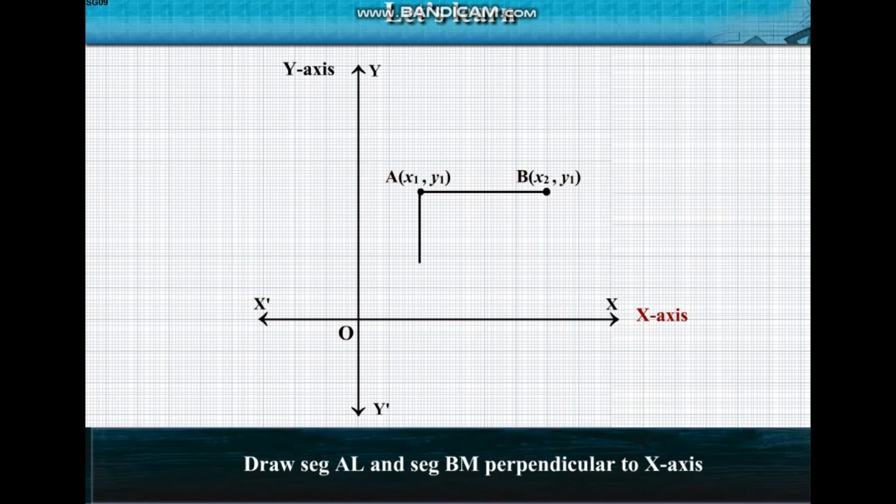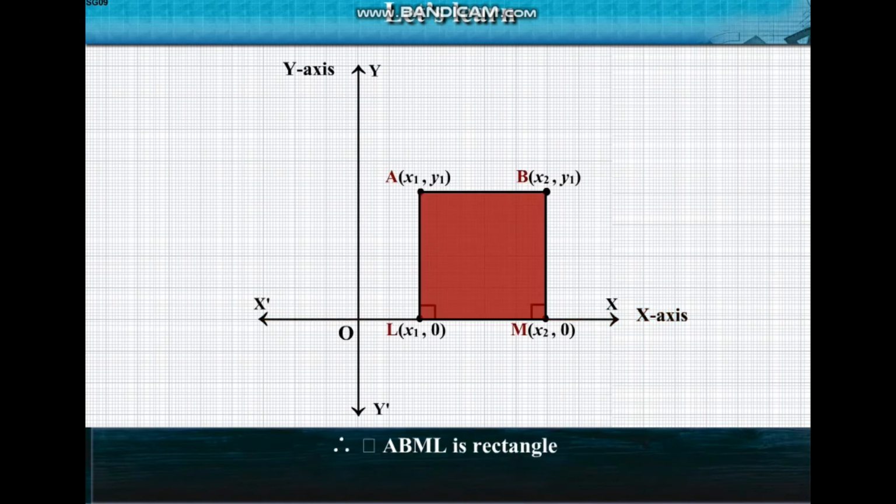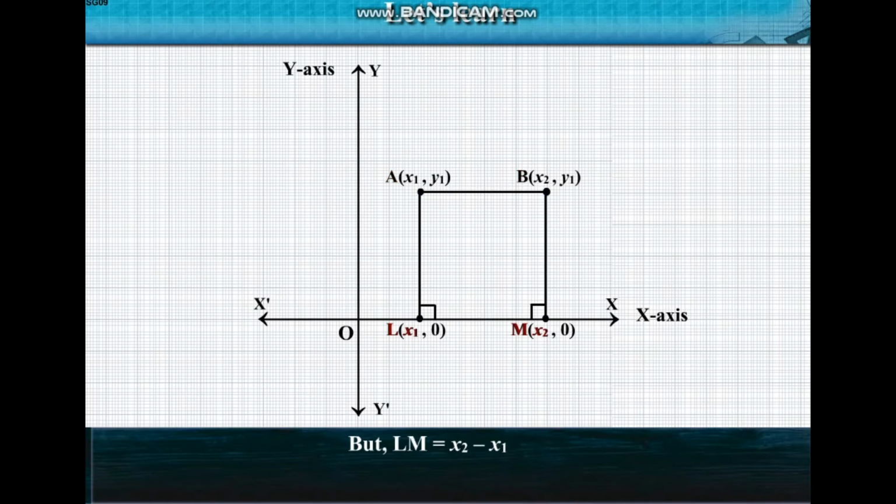Draw segment AL and segment BM perpendicular to the x-axis. Therefore, quadrilateral ABML is a rectangle. Therefore, AB is equal to LM. But LM is equal to x2 minus x1. Therefore, distance AB is equal to x2 minus x1.